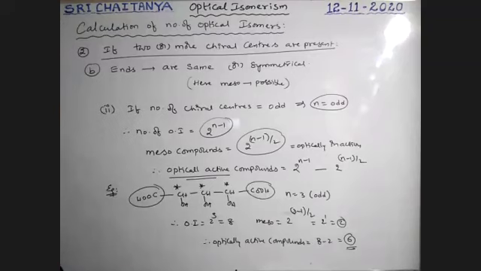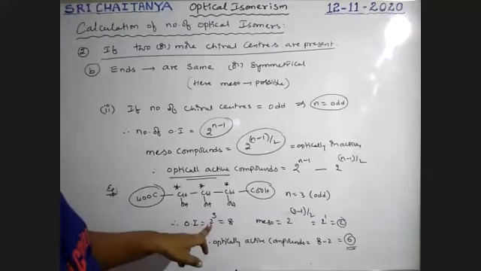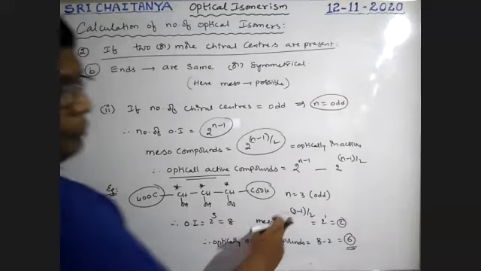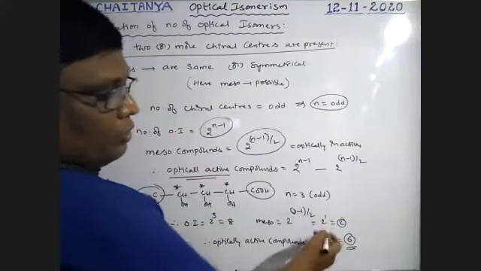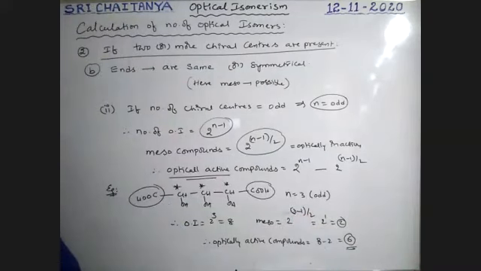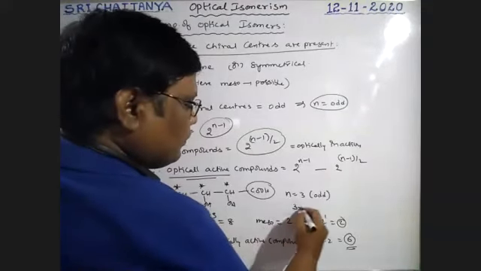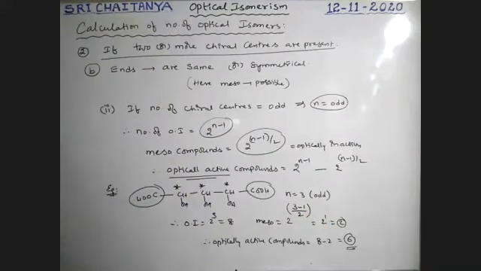Okay, boys, see here. Here the optical isomers formula is 2 power 3 minus 1 by 2.